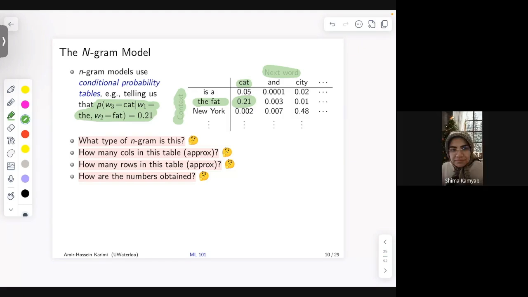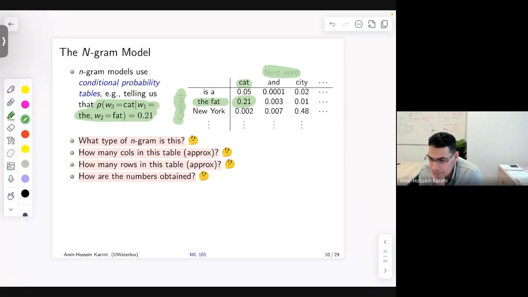Bigram. A bigram, okay. Who thinks it's a bigram? Okay. Who thinks it's a trigram? Who thinks it's a quadgram? That's a thing. Okay. This is a trigram model because we conditioned the likelihood of a particular target word on the n-1 words preceding it. So in this case, it would be a trigram model.